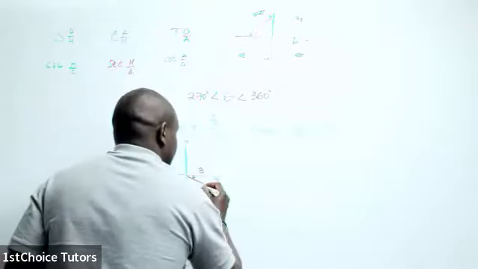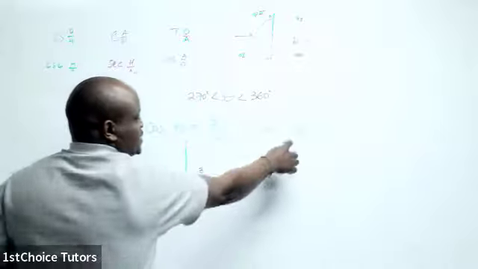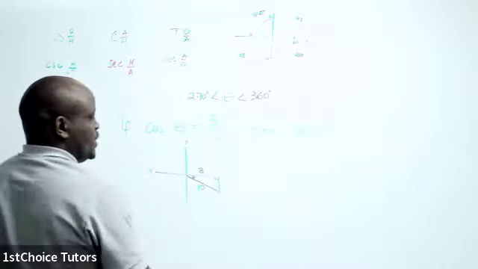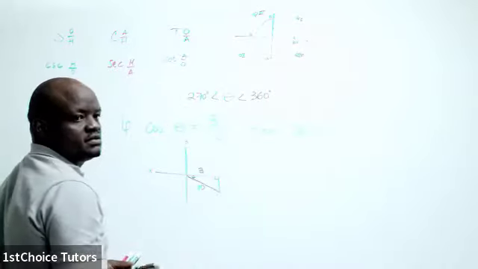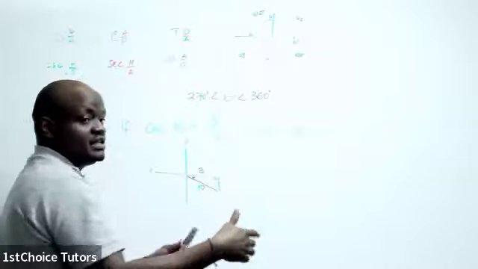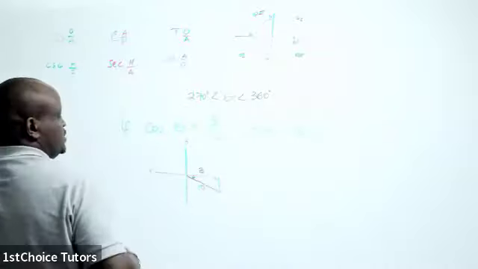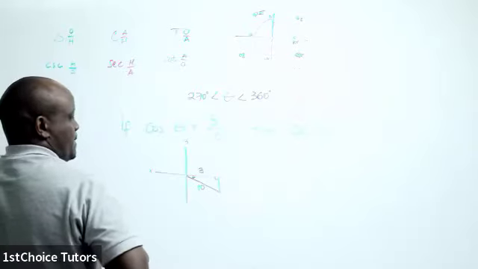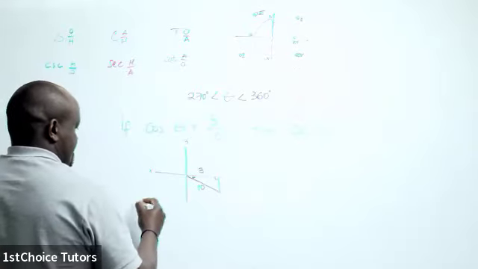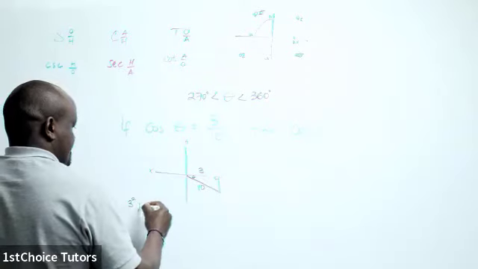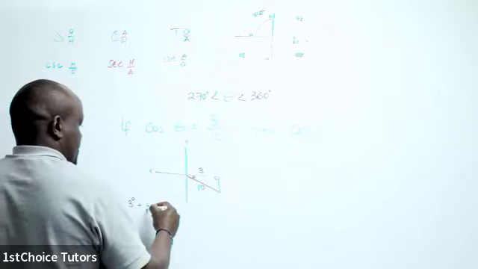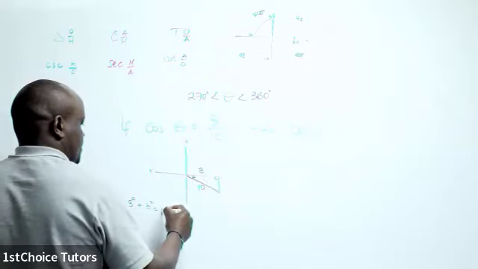To answer this question, which is cotangent, we have to have the opposite. This is how you make the decision: do I need the missing side? Yes. So Pythagorean theorem: 3 squared plus b squared equals 10 squared.